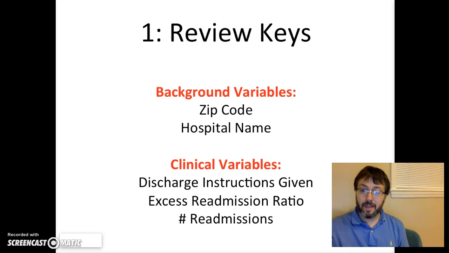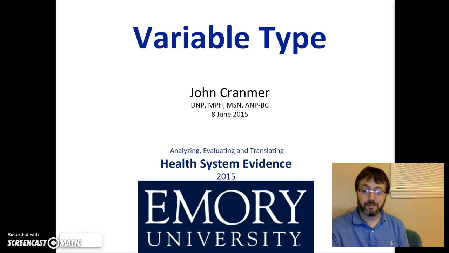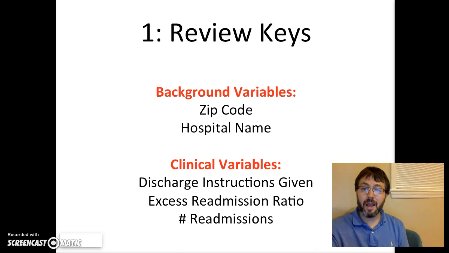So we're going to look at how SPSS thinks these variables should be coded, and we're going to apply our own thinking skills, applying the levels of measurement to decide if SPSS is on the right track or if we need to coach it and help it a bit. So what I'd like to do now is turn to our SPSS interface and begin to look at these two background variables.